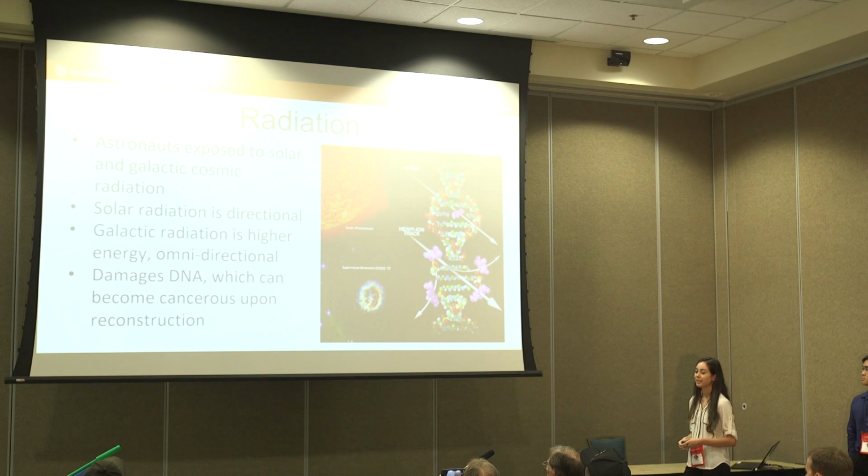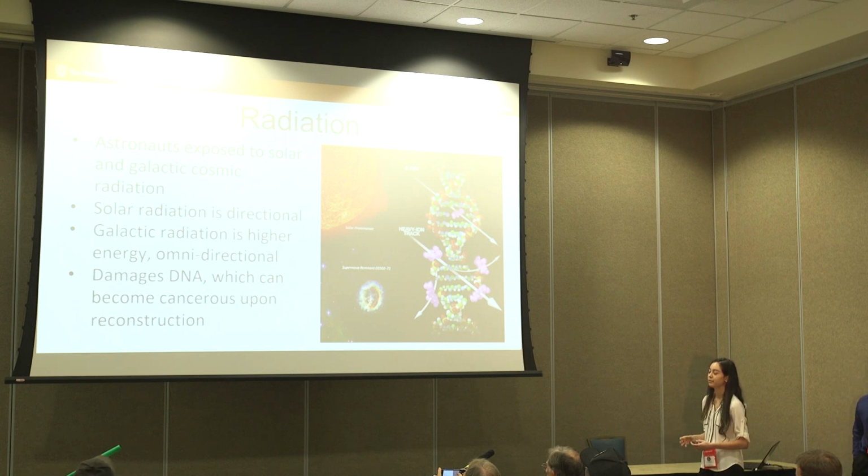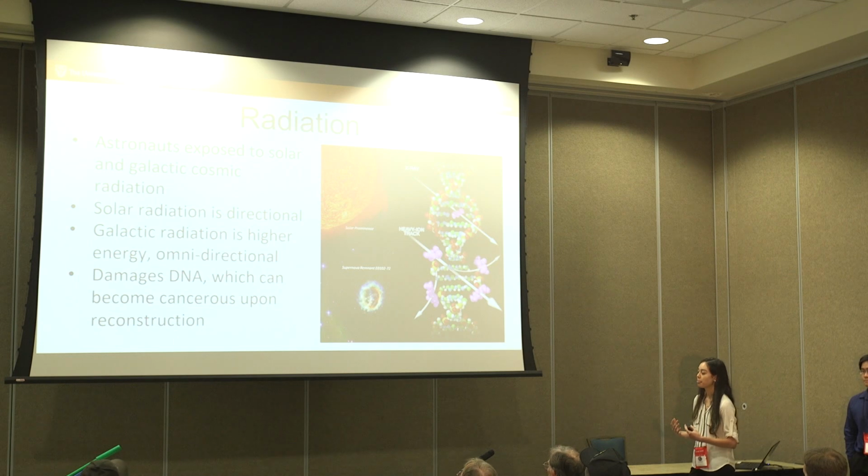Solar particle events are mainly made up of protons, which are lighter particles. They still do harm, but it's not as bad. Galactic cosmic radiation is made up of lighter particles and heavier particles such as iron. This poses a greater risk because when iron hits cells, it can decompose DNA, which cannot be reversed, and this is largely shown in cancerous effects.